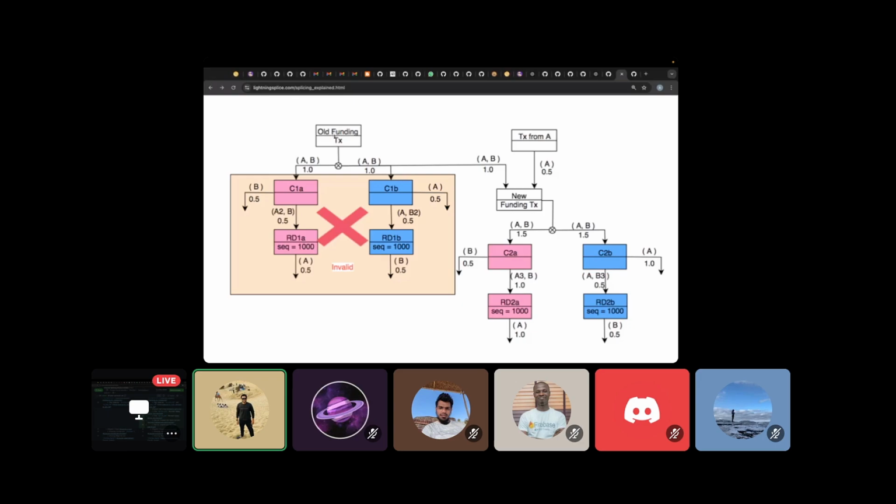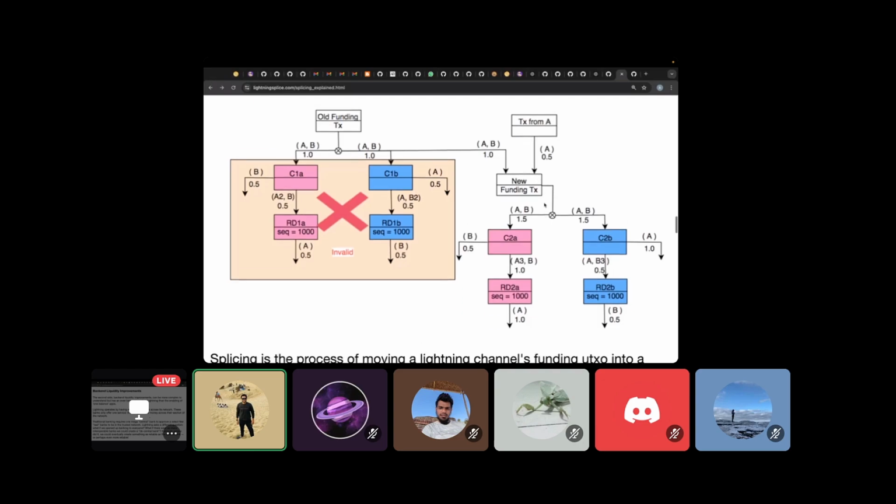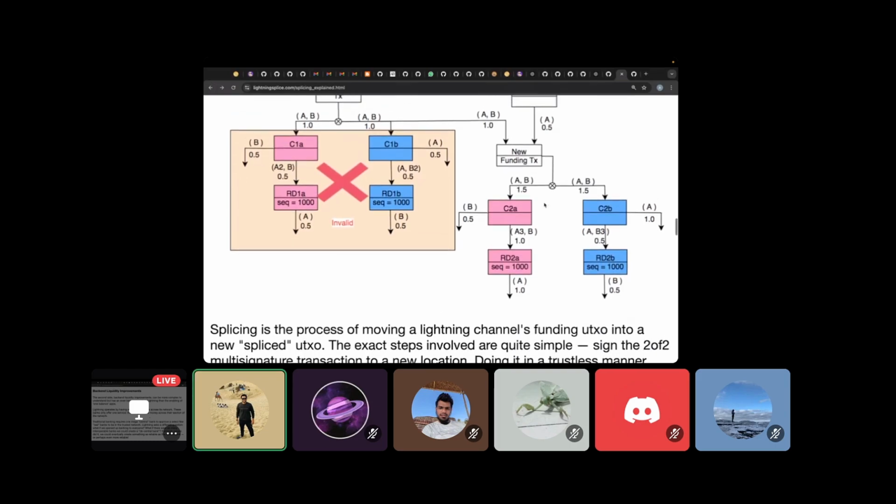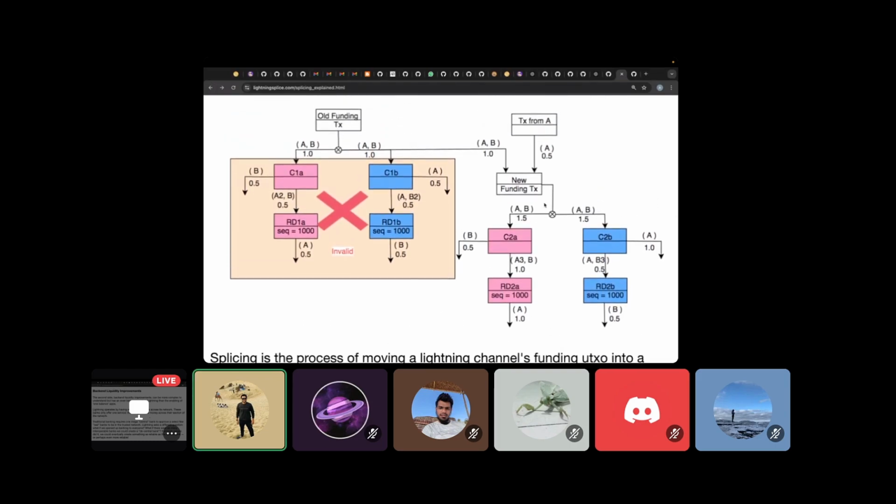As you can see, the old funding transaction is used as an input inside this, and there's this other on-chain address of 0.5 that is also included inside this funding transaction. So you rebuild the commitment transaction, the latest state that you have inside your Lightning channel.